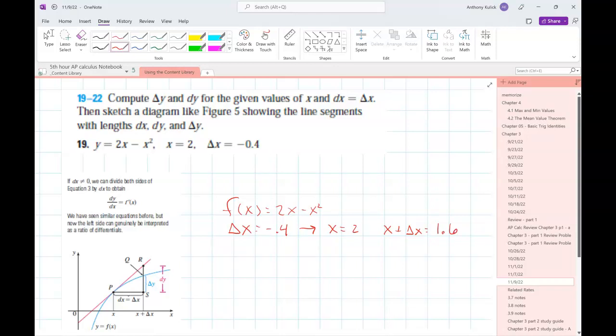Everybody's okay with that? So again, I'm just getting ready to make this picture. So I need x and I need x plus delta x. Victoria, is that okay so far? Okay. Now we'll do delta y, which in this case would be f of x plus delta x minus f of x, or f of 1.6 minus f of 2. When I plug that in, I get 0.64.